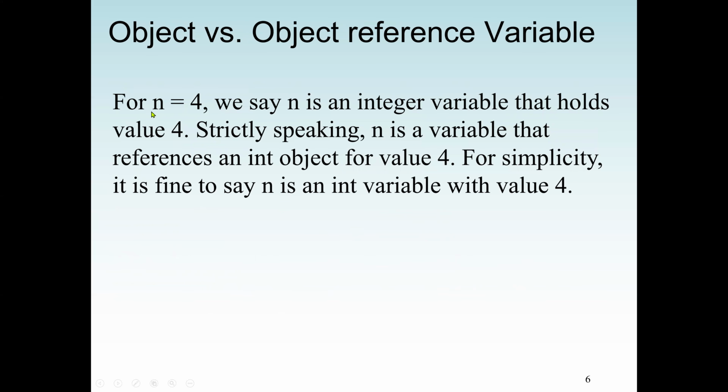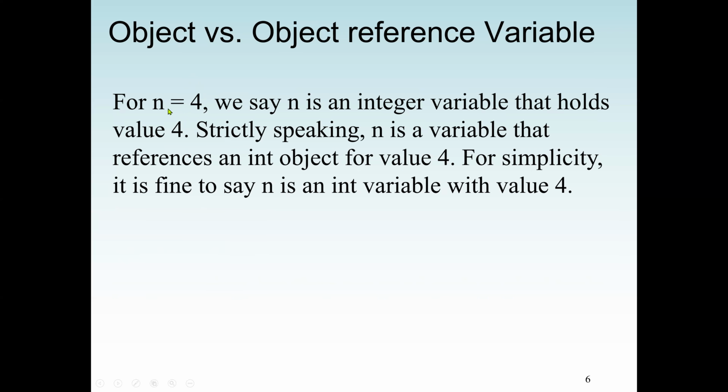So here we said that if we have n equal to 4, we can say n is an integer, it's a whole number that holds the value 4. Here we are assigning 4 to n. Again, 1 equal sign means assignment. I'm assigning 4 to n. And also, strictly speaking, n is a variable.